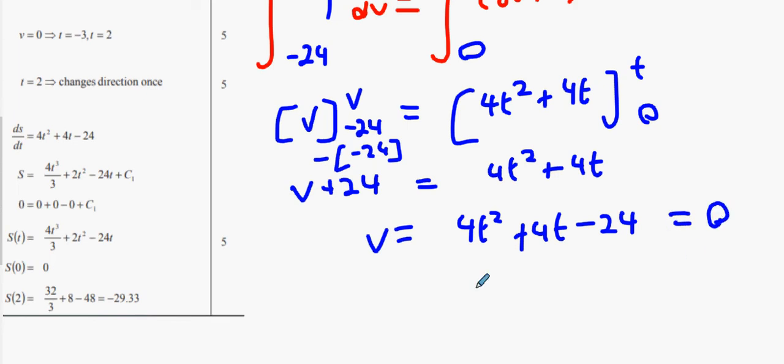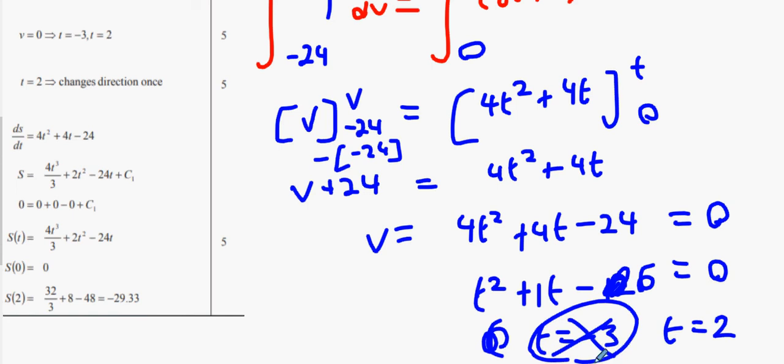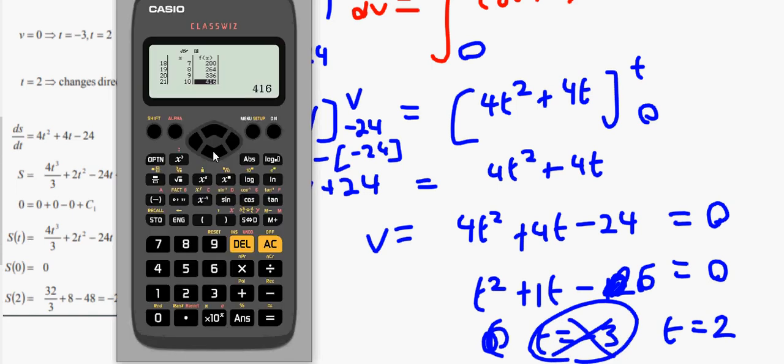Divide both sides by 2 and solve. It's t equals minus 3 and t equals 2. Which one doesn't count? This means it changes direction only once because you can only count the 2. So it goes from minus 16 to 0, then changes direction back up to plus 24.